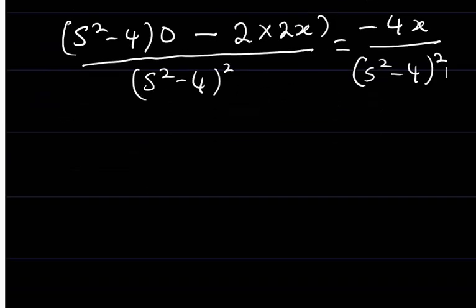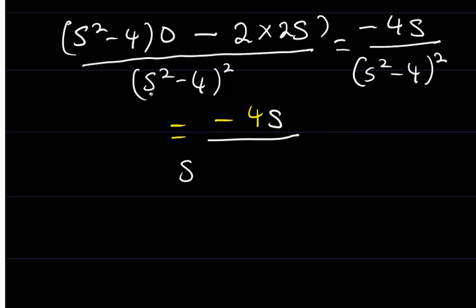You can decide to expand it if you wish. That's going to be minus 4s. If you want to expand this, the square of s squared is s raised to the power 4.